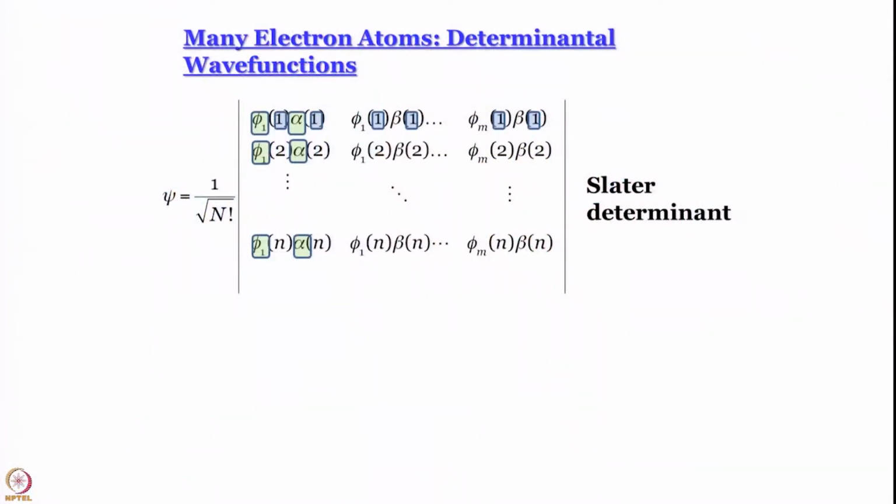Okay. So, 10 electrons are accounted for, 1 is left. Next one will be phi 6 alpha 1. Okay. So, this m is going to be either n by 2 or n by 2 plus 1 depending on whether n is even or odd.